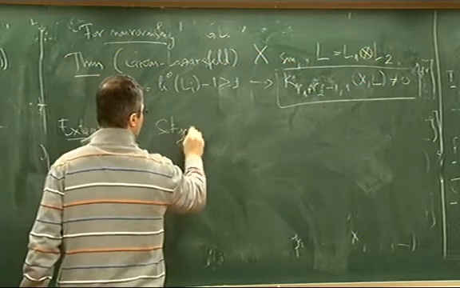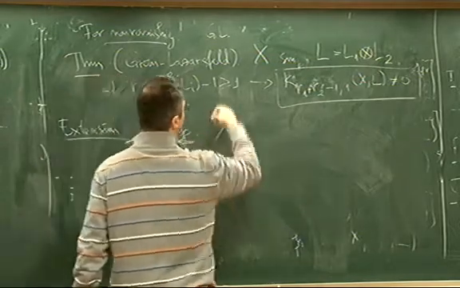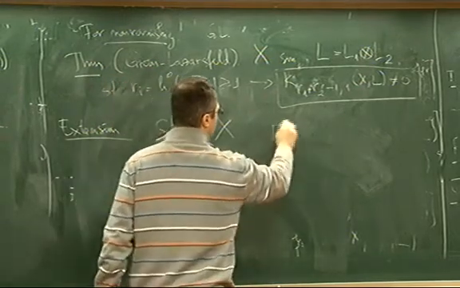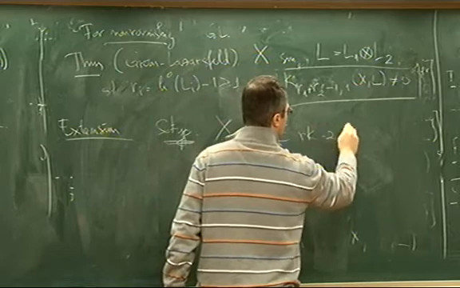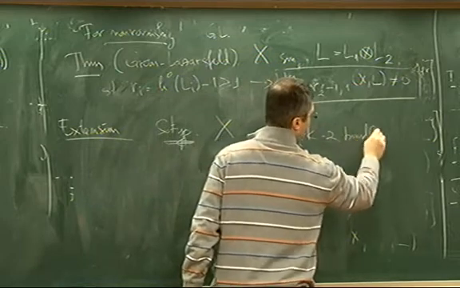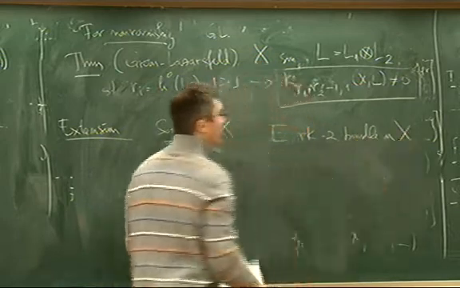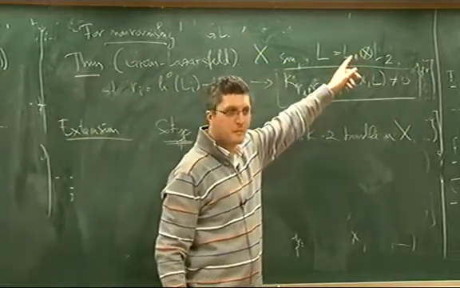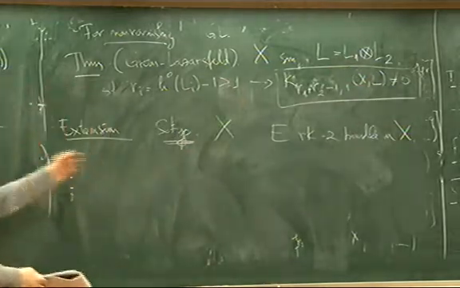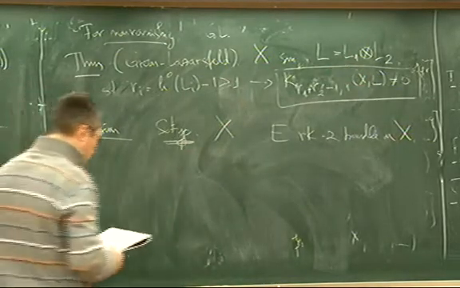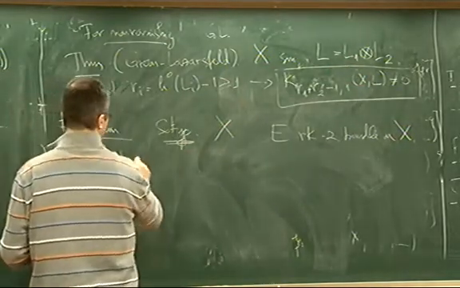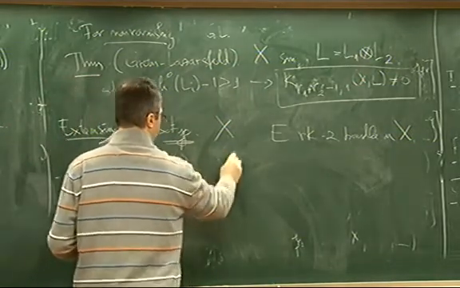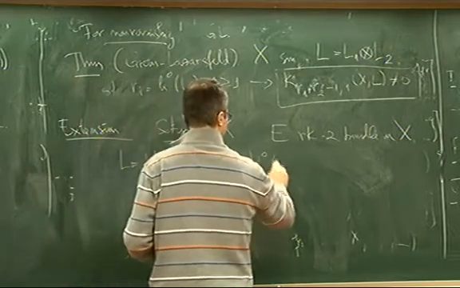We consider X as before, smooth, projective, complex, and so on, and E a rank 2 bundle on X. In the case of Green-Lazarsfeld, E is just the direct sum of L1 and L2. It's a special case. We take L to be the determinant of E and V to be H0 of L.